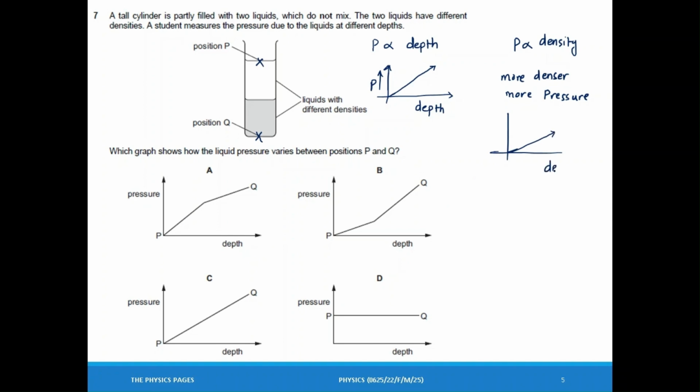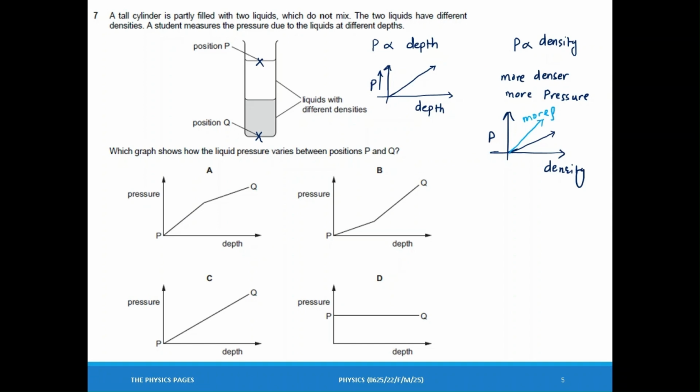You can say this is density and this is pressure. So density is less, so pressure is less, but as density increases, pressure increases relative to that, and the denser one will have a steeper line. So more density will show you more pressure.